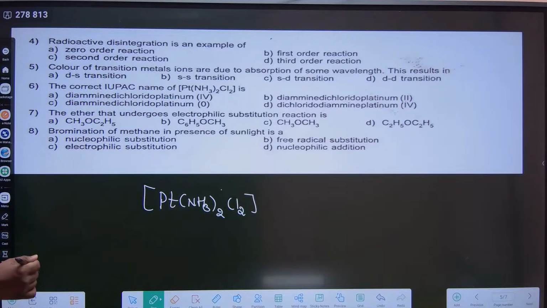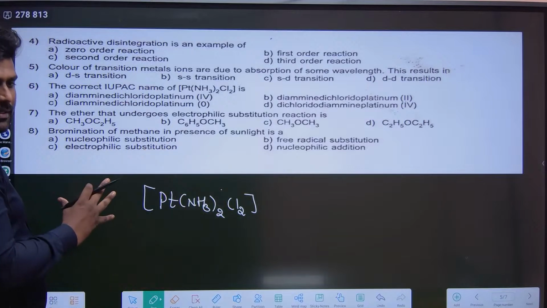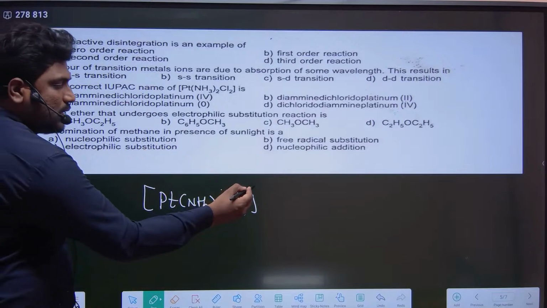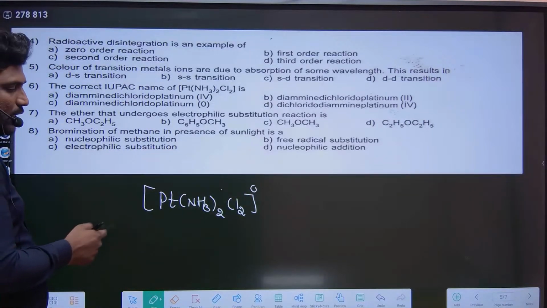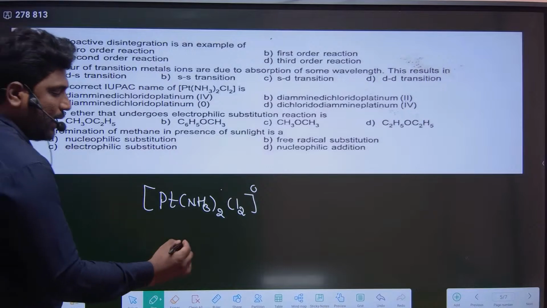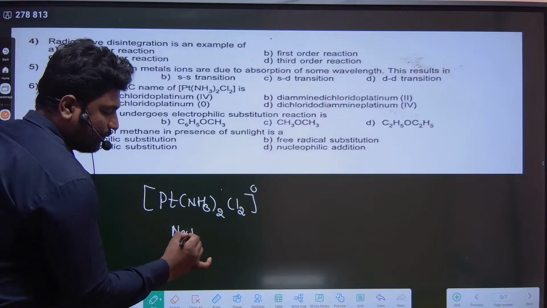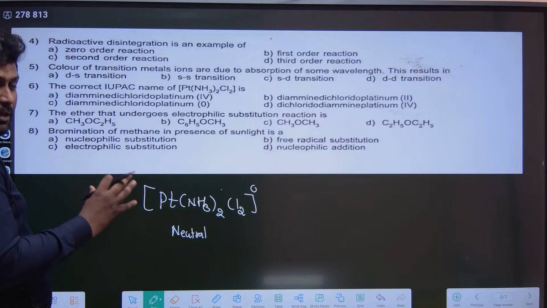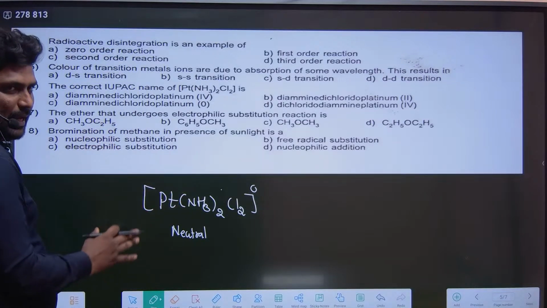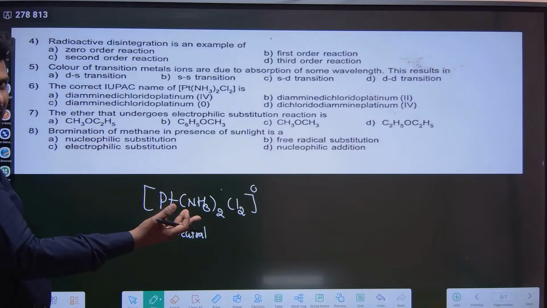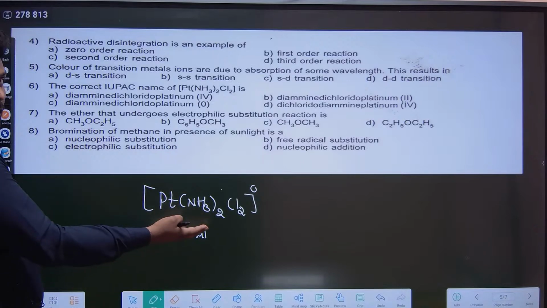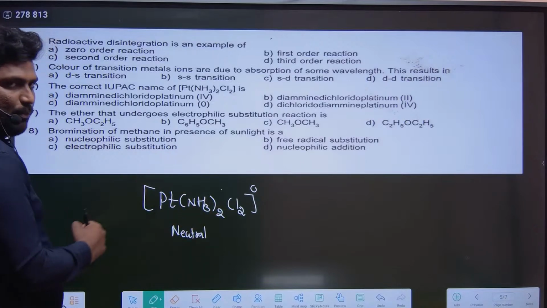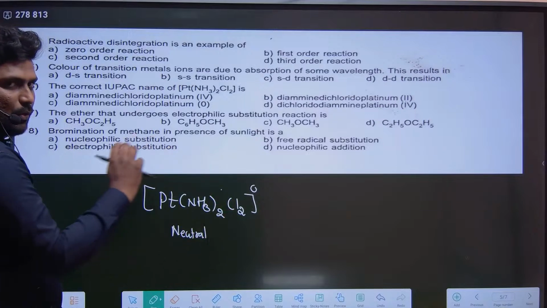If you observe this complex, the charge over it is zero. They do not have any counter ion, so it is a neutral complex. In naming the complex, we start with the ligands in alphabetical order. It is a heteroleptic complex with two types of ligand, one is ammine, another is chlorido.